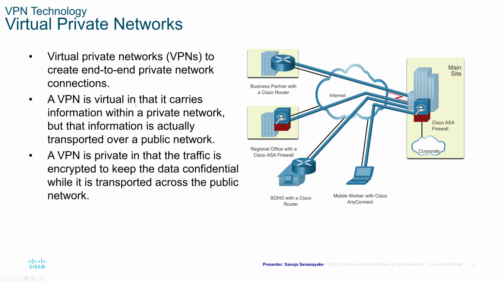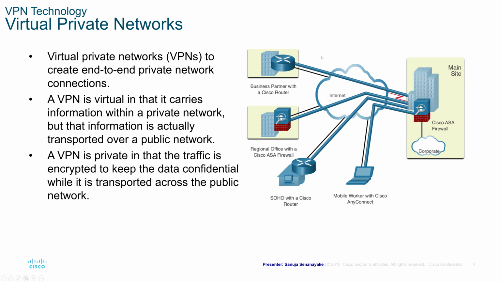So that's why it is called virtual. It is private, and how we make it private is that we use encryption technologies to keep the data being transported through the public network secure. So that's why we call it virtual private networks or VPN.